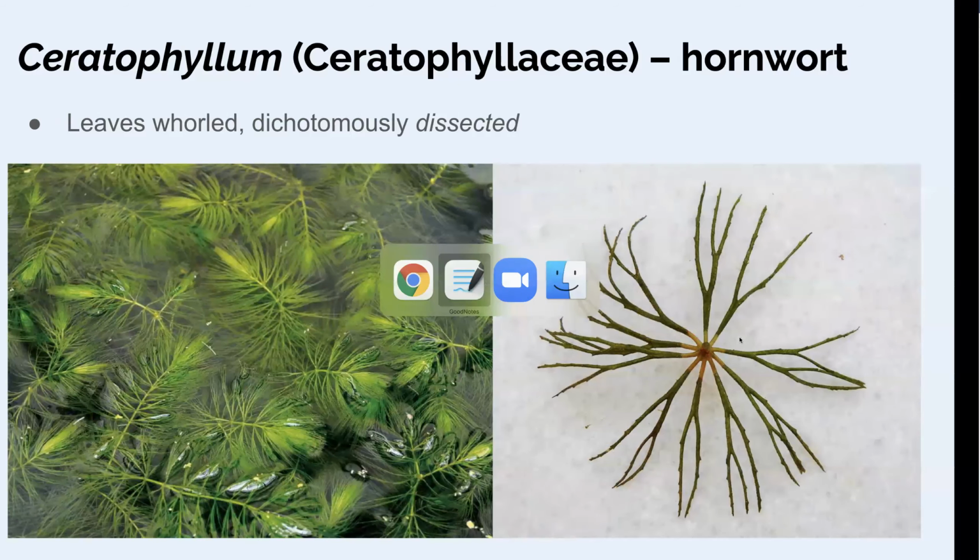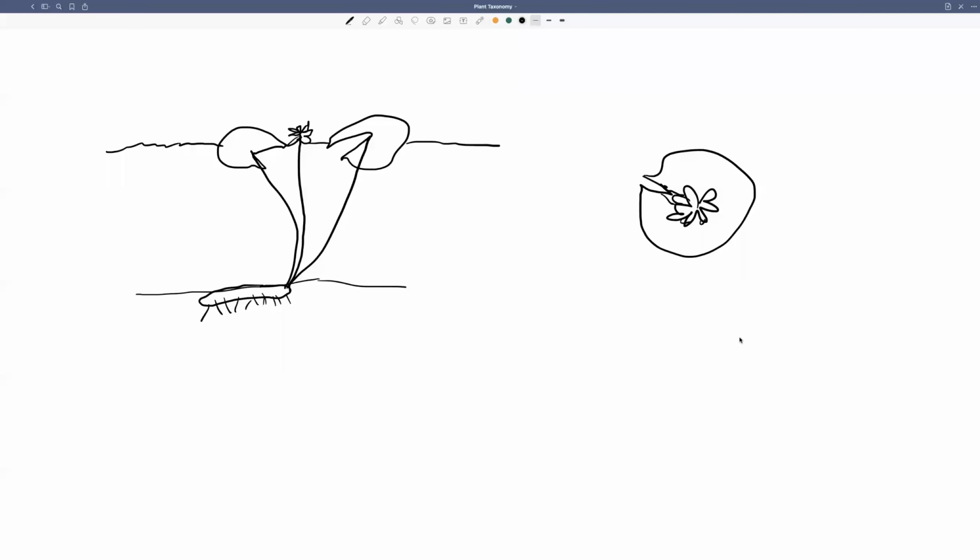A dissected leaf is basically like you took a leaf, I'll maybe draw one that isn't quite a hornwort. If you took a leaf with its veins, normally those veins are associated with a blade, right?